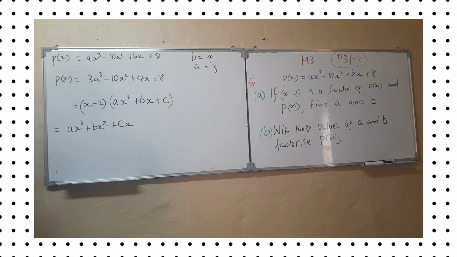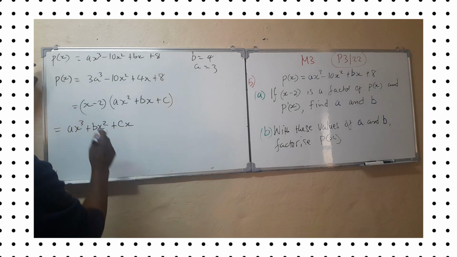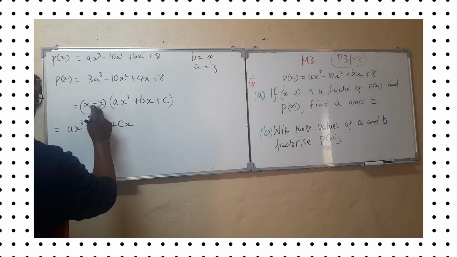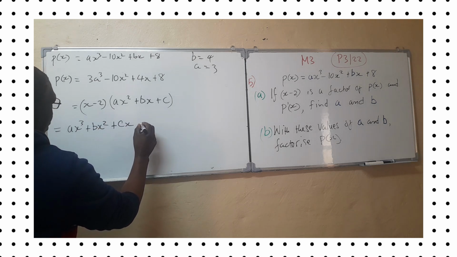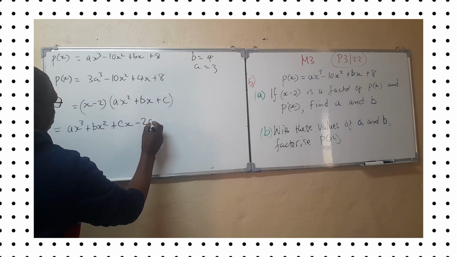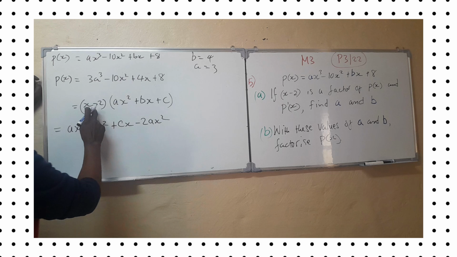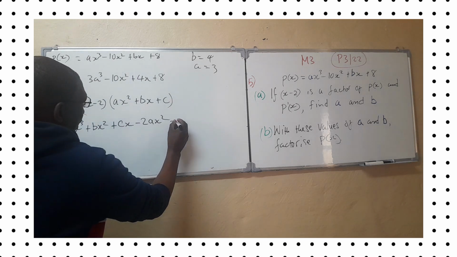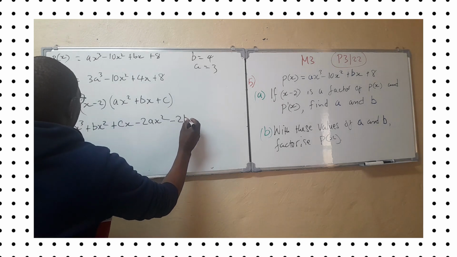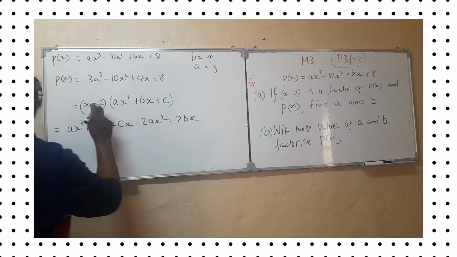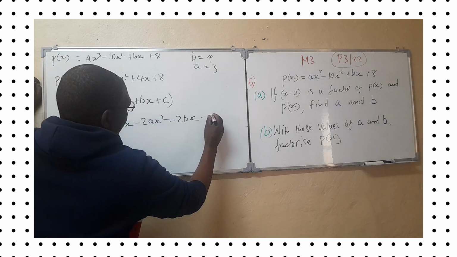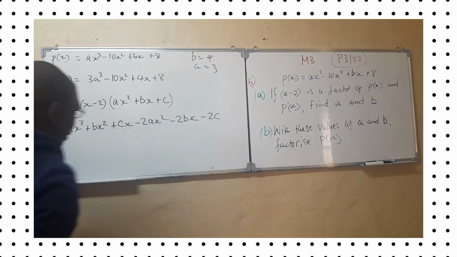All right? Then let's multiply the minus 2 there. Minus 2 times ax squared will be minus 2ax squared. Minus 2 times that will be minus 2bx. Minus 2 times c will be minus 2c.